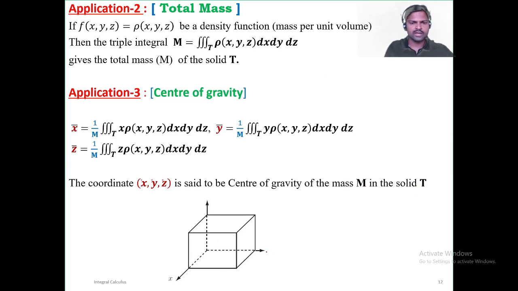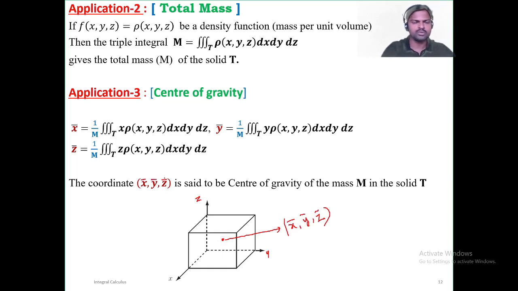Let's say this is the y-axis and this is the z-axis. Consider this is a cube or cuboid. So this point will be the center of gravity, the midpoint of that solid. This point we are going to evaluate now: x bar, y bar, and z bar.